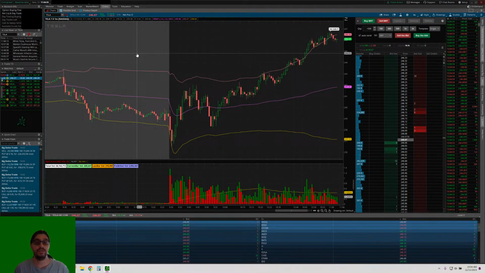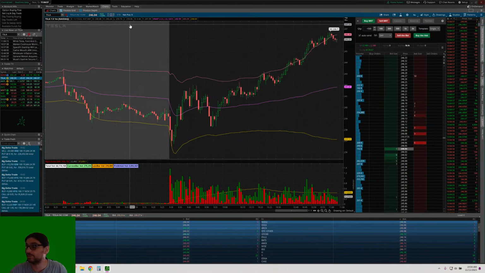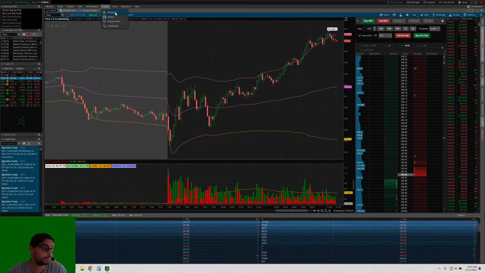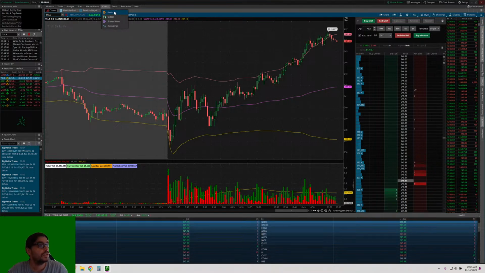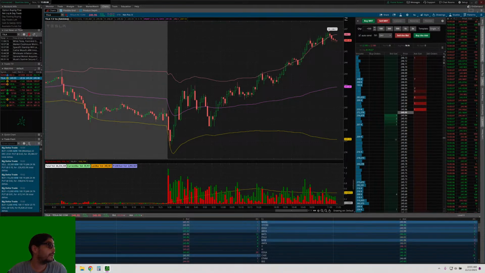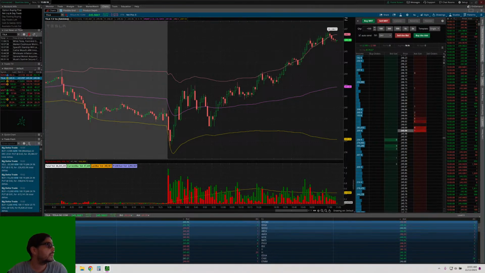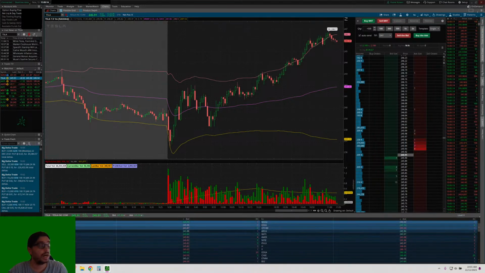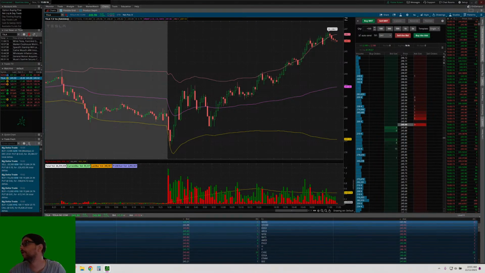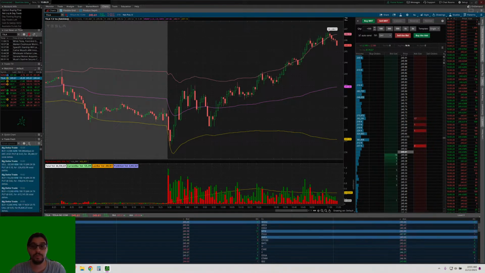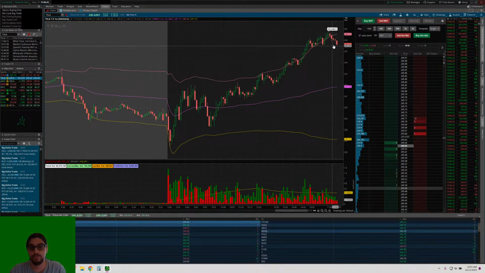Because if I can nail these options correctly, I can make a significant amount of money in a very short amount of time. But options could also take a lot of money in a very short amount of time. Market is looking really good. People are feeling very, very bullish. I am actually feeling pretty bullish over the market, although SPY and QQQ is not really looking very bullish at this moment. That is a pretty good pullback.